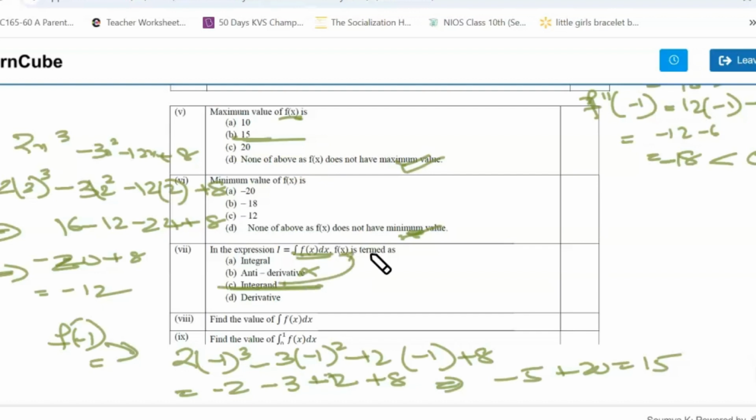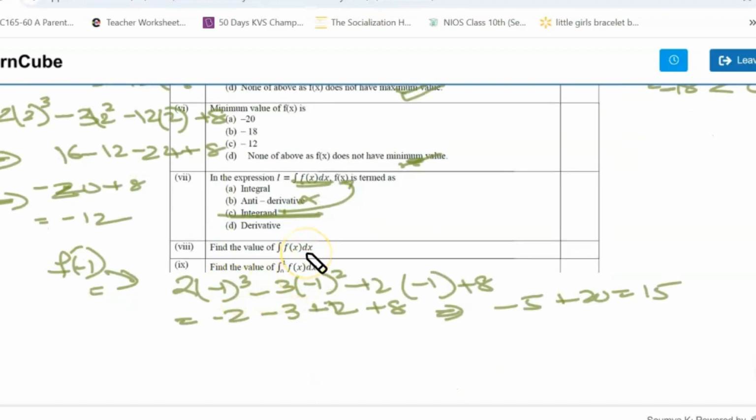So the f of x term is known as the integrand, and you have to find the value of the integral of f of x dx for the given function.